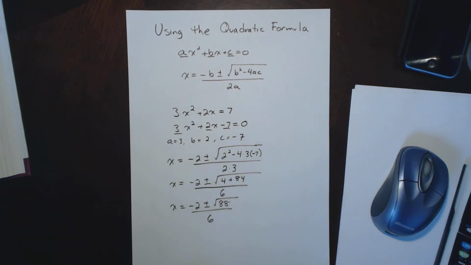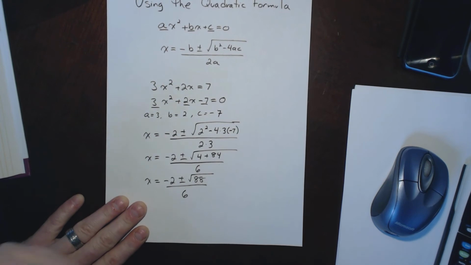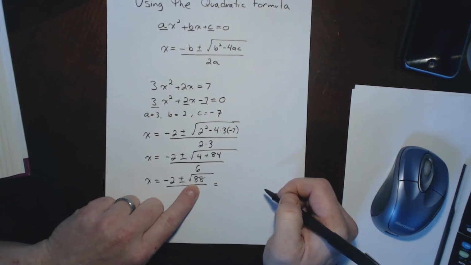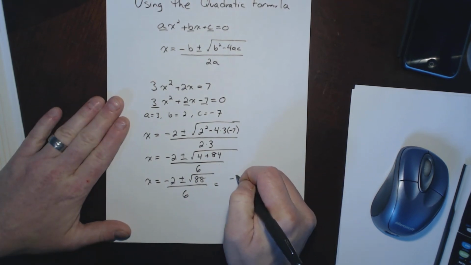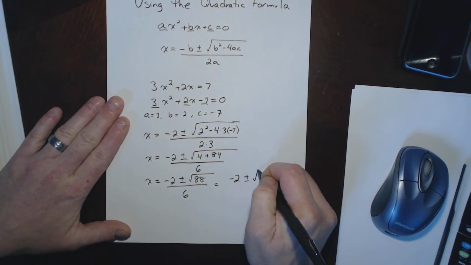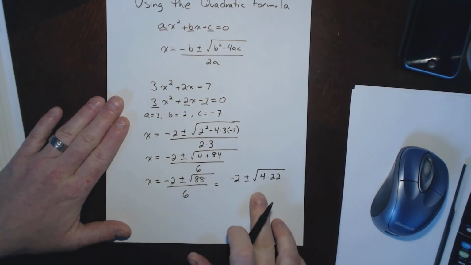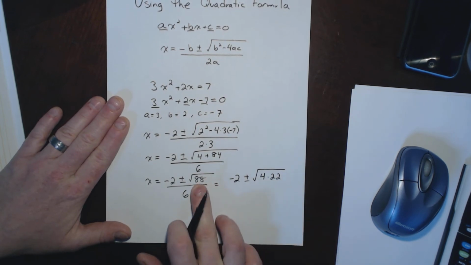So now I want to see if I can reduce underneath the square root. I know that 88 is 4 times 22. Remember that when you're simplifying radicals, you want to pull out factors of this number that are perfect squares.